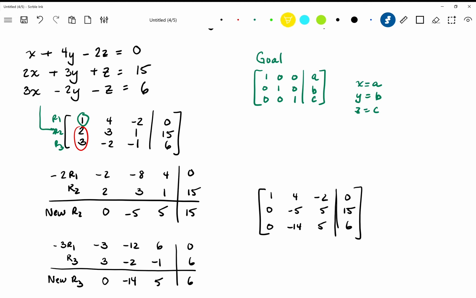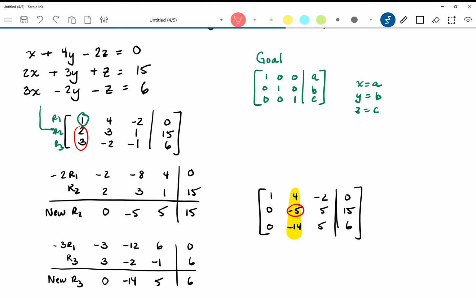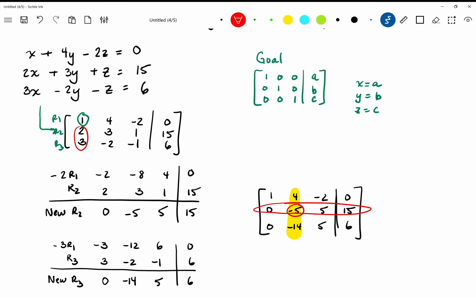So now we move to the second column. The rule of thumb basically is we need to get the 1, or another number we're comfortable with, in that middle column. And then we want to use that 1 to get the other zeros. Now, one thing I notice is that this row can be divided by -5. And that's really convenient because I want that middle number to be a 1.